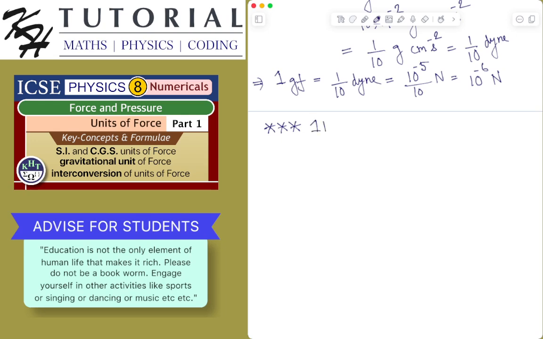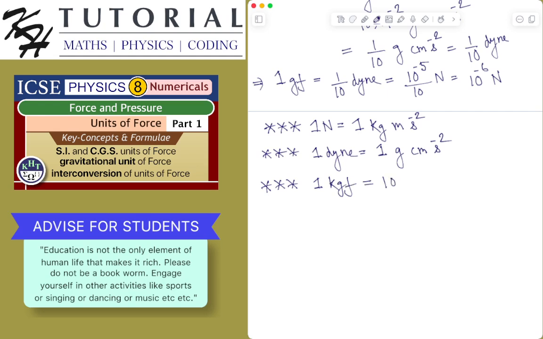So 1 Newton is equal to 1 kilogram meter per second square. 1 dyne is equal to 1 gram centimeter per second square. 1 kgf is equal to 10 Newton.